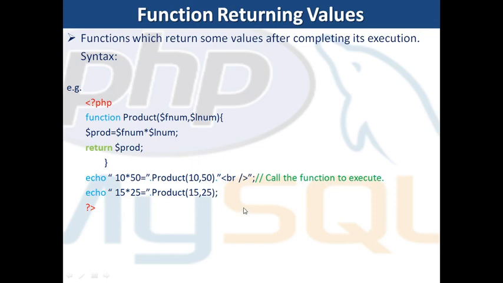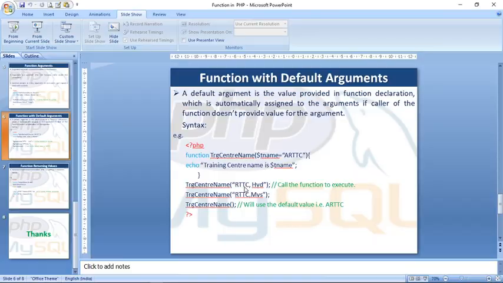In many languages like C Sharp, Java, programmers must tell what type of data the function is returning. But in PHP, we don't need to define what type of data it is returning. We are simply naming the function product. We are not telling what type of data it will return. So let us check it on the browser.